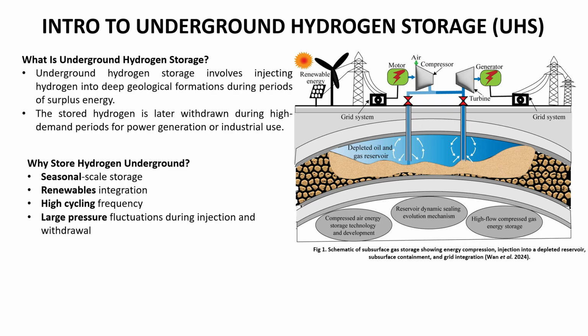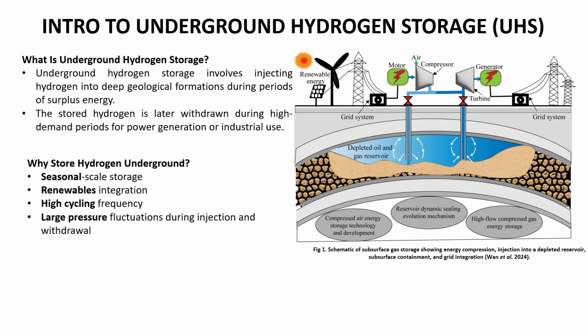So the subsurface then acts as a storage container, and the gas is later brought back to the surface and converted into electricity when needed. It is worth pointing out that while this illustration uses compressed air, the same concepts apply directly to hydrogen storage.